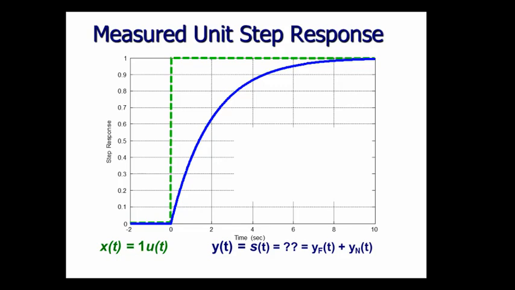What's the forced response in that output? U of t, we said it would have a unit step shape, and what's the height? 1. It settles off to 1. So we know the forced response after the transients died out. The forced response is holding it up, and that's got a height of 1. All right? So we know that.